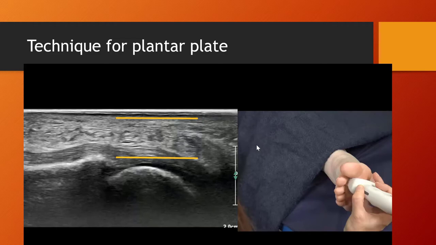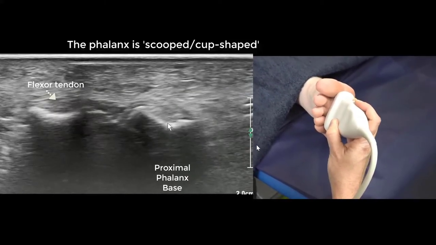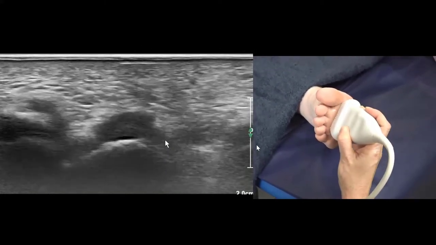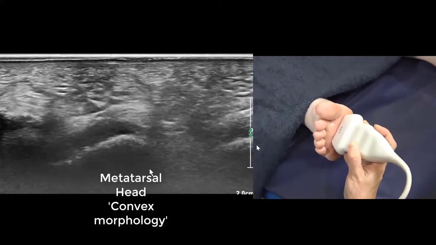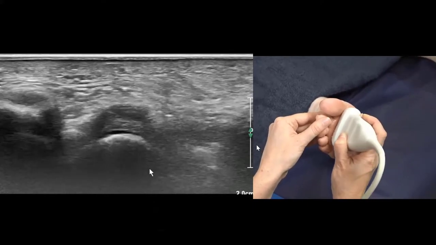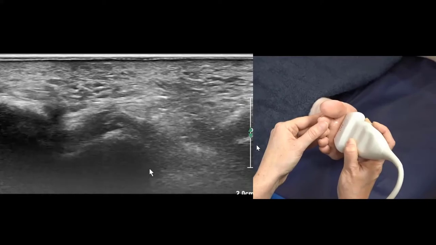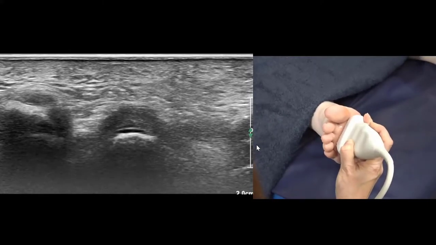Then for the transverse assessment, you start by finding the proximal phalanx, which has a little scooped surface, as opposed to the metatarsal, which looks more like a rainbow, it's convex. And for quality imaging, you tilt the probe so that you get the most reflection from the plantar plate. So you scan back and forth from proximal to distal.